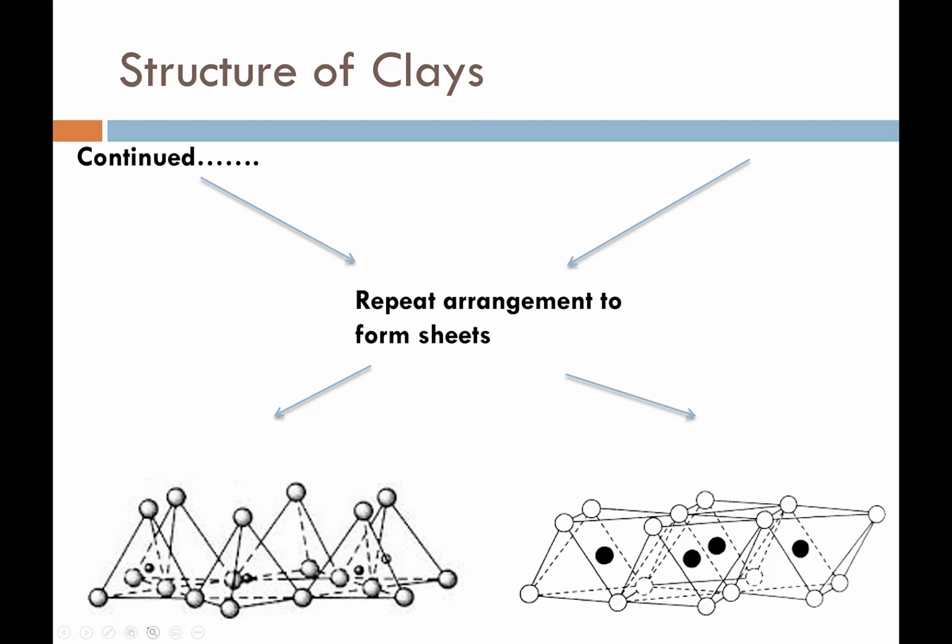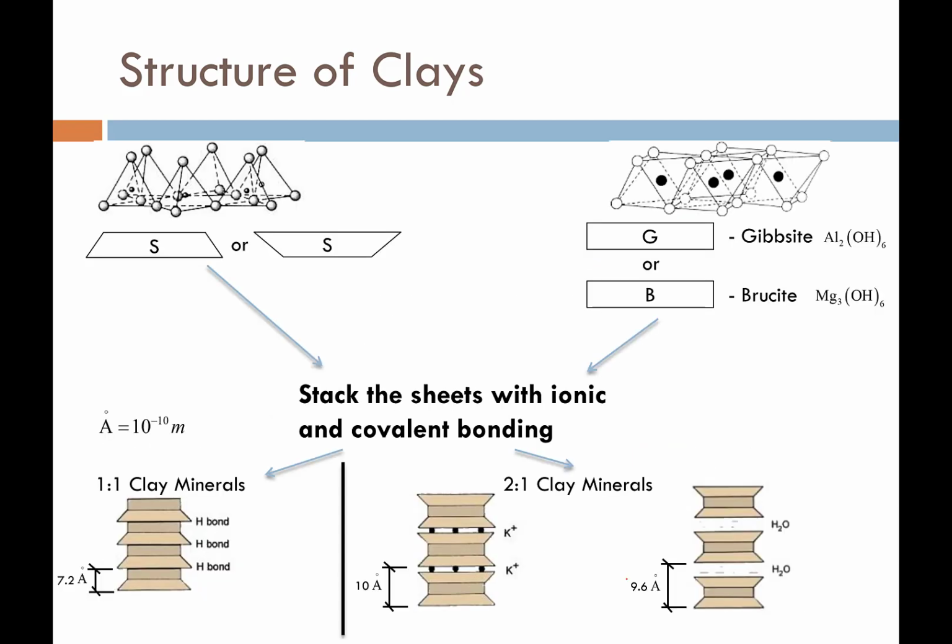And it's the same with these guys too. They start to share hydroxyl ions, and in sharing, they begin to develop these big flat sheets. So they begin to arrange themselves in these different sheets. So they can form what we call a silica sheet, or they can form what we call an octahedral sheet. Okay, so we have silica sheets and octahedral sheets that are forming all on their own.